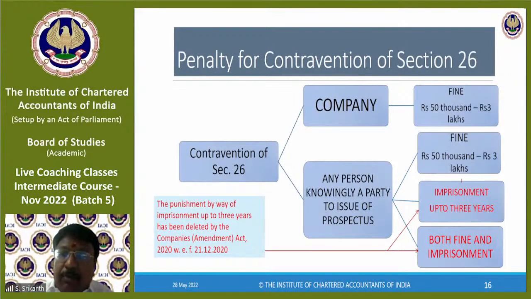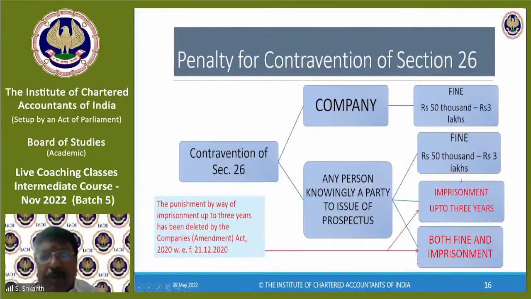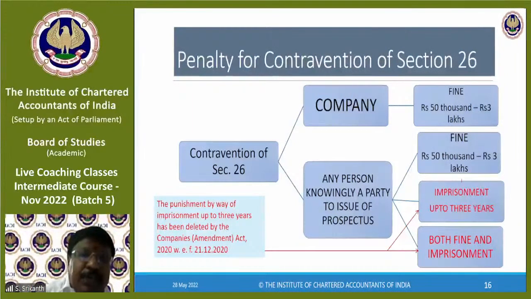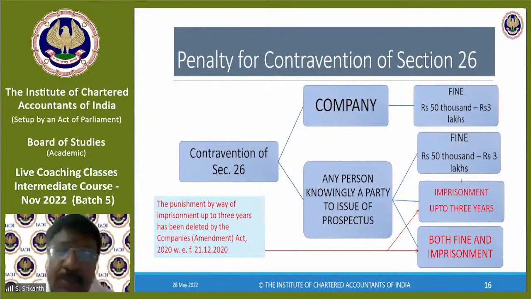Imprisonment was there. Now, with effect from 21/12/2020, punishment by way of imprisonment is not there. Maybe I earlier said that they'll be put in prison. I take it back. Now that the provision relating to imprisonment has been removed, it is currently not in the Act.